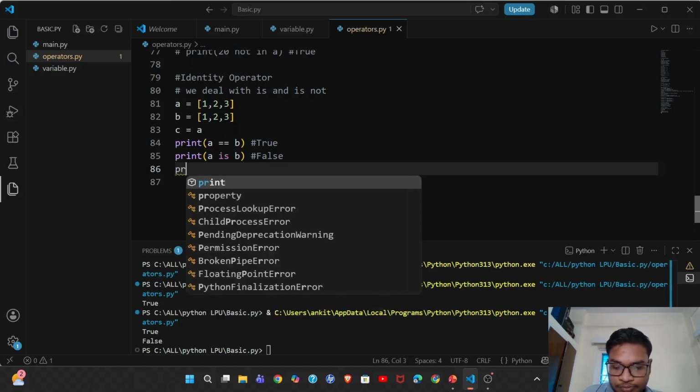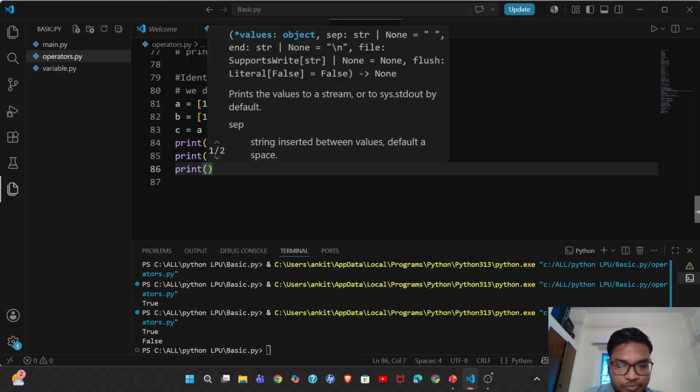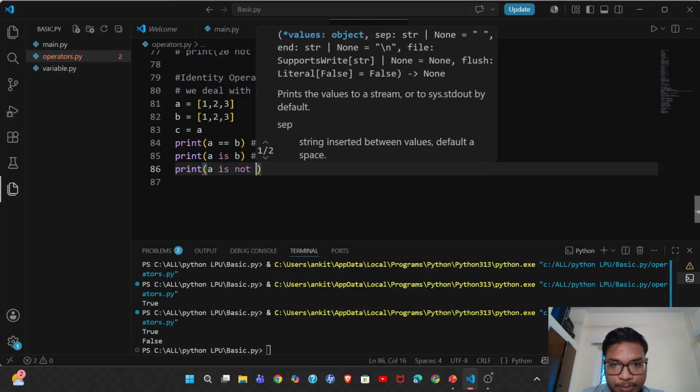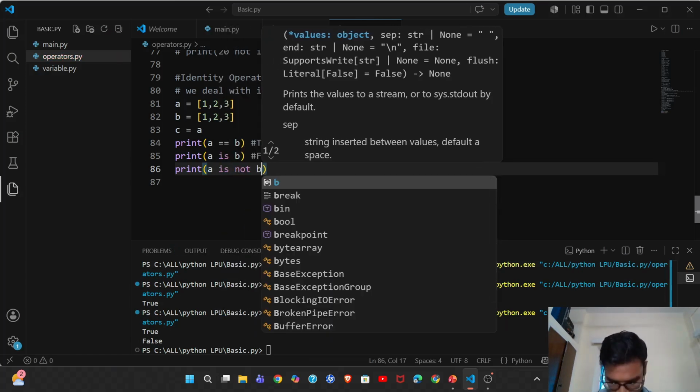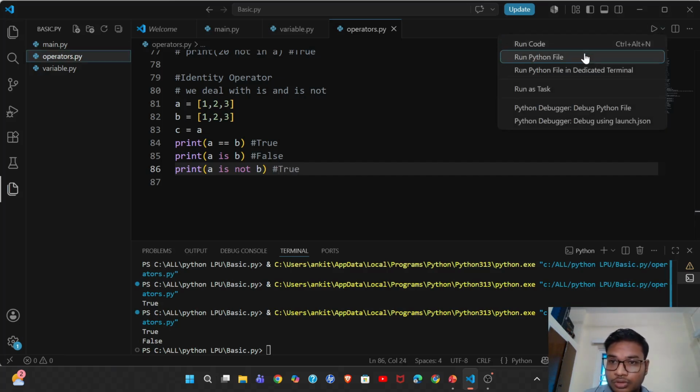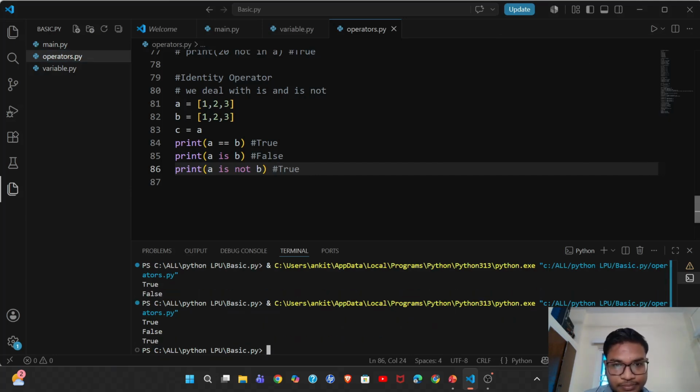Now print A is not B. Then the value is true, because they are two different memory locations, so is not is true. Correct.